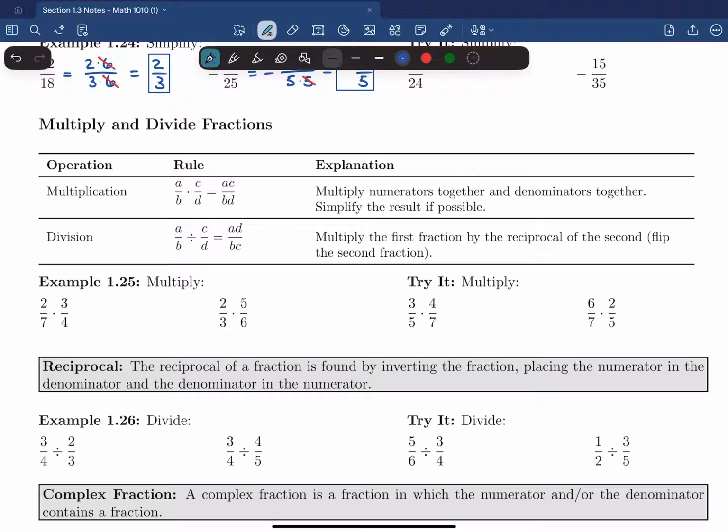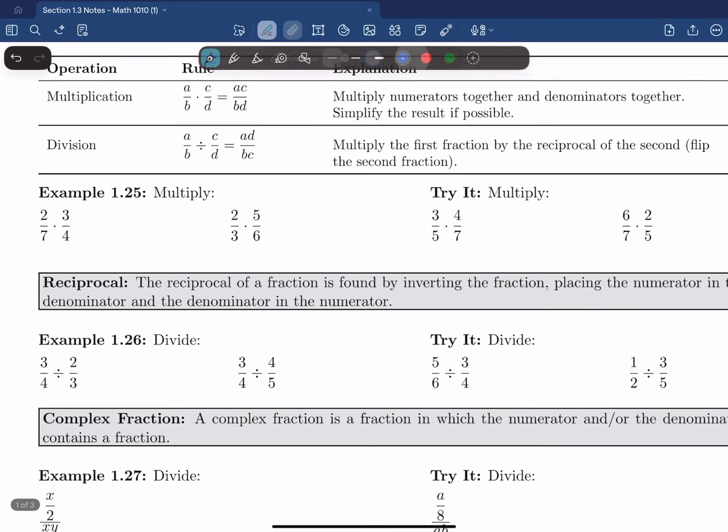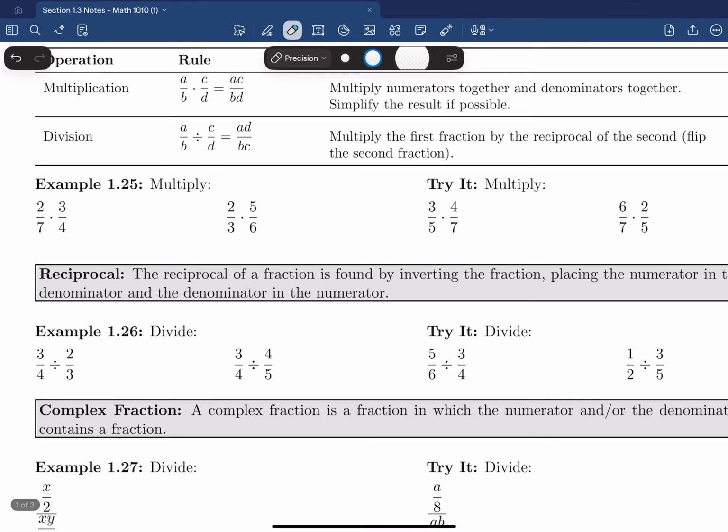Let's look at example 1.25. So I see 2/7 times 3/4. So let's multiply the numerators together. 2 times 3 is 6. Let's multiply the denominators together. 7 times 4 is 28.